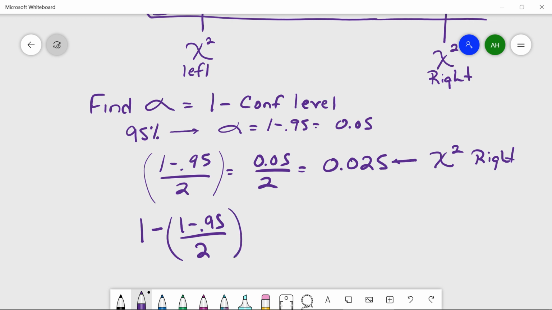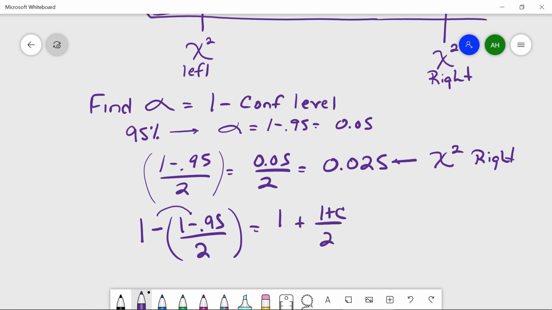You'll notice in your book that they note that this is going to be the same as 1 plus your confidence level over 2.